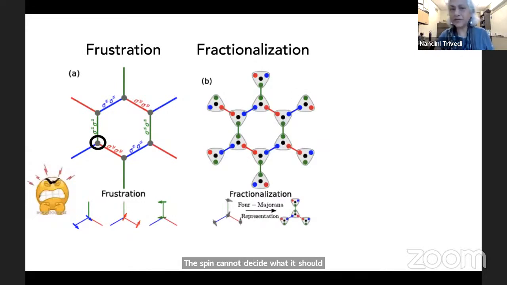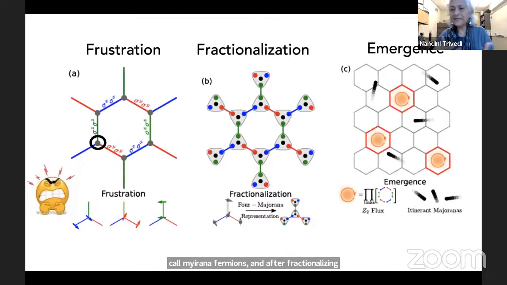And now comes the resolution of that frustration, which is remarkable. The spin decides, and it's not like it's deciding. That's what the interactions are forcing it to do. The spin gets fractionalized. It's no longer the original qubit. It fractionalizes into new degrees of freedom that are called Majorana fermions. And after fractionalizing, there's an emergence. One set of fractionalized objects go along these plaquettes, and you can imagine a fractionalized fermion flowing along a plaquette, it becomes like the flux through the hexagonal plaquette.